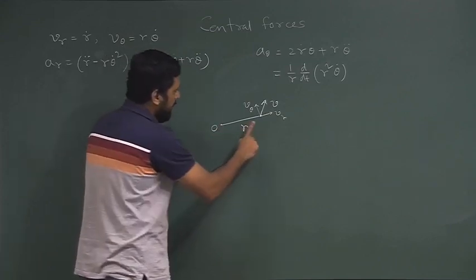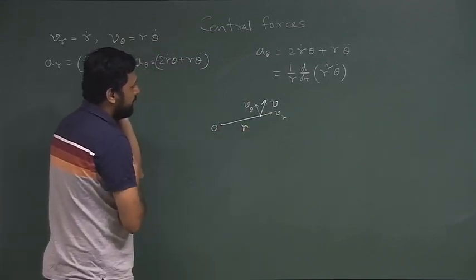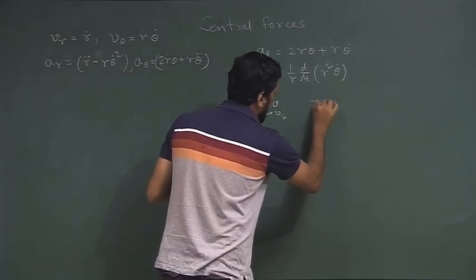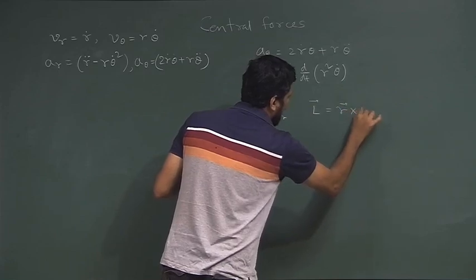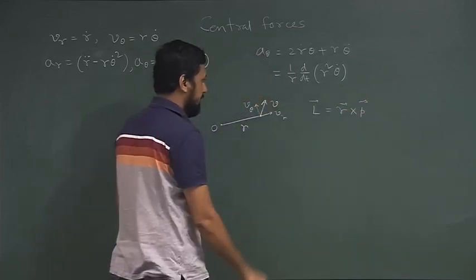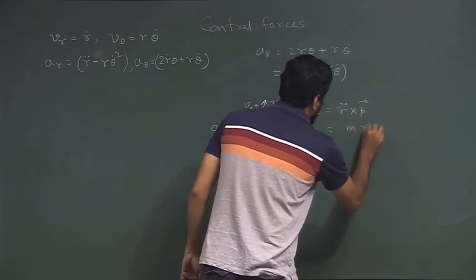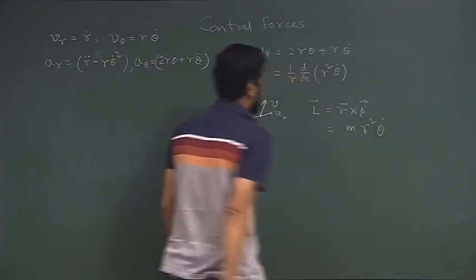So, if we now want to calculate the angular momentum L, which is given as r cross p, it will be m r square theta dot.